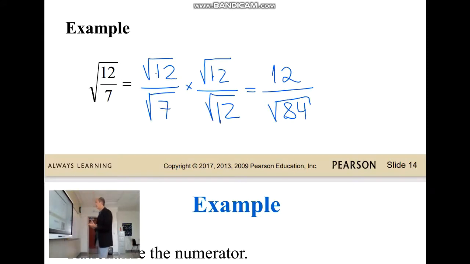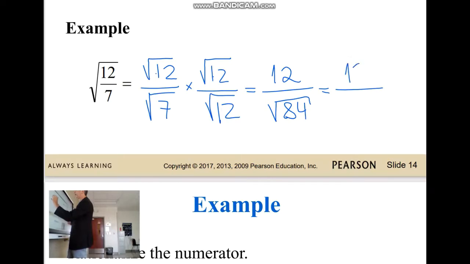You can simplify a little bit further, because you know that 84 you can actually factor out. So let's repeat here the numerator. 84 is 4 times 21. Oops, 4 times 20. Let me erase this. 4 times 21.